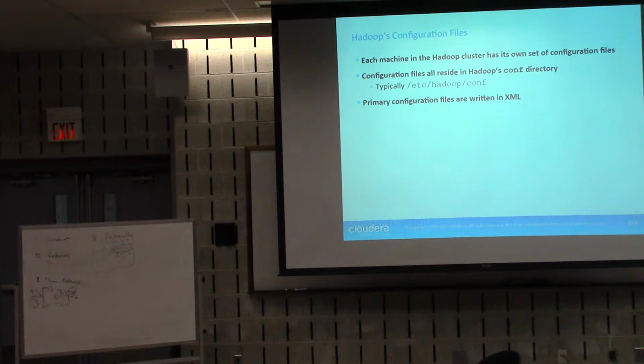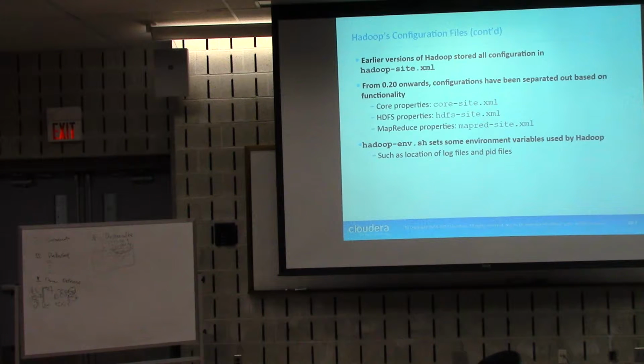XML format means it has a tag and value. So what kind of XML files? We have the core-site.xml file. That means it's a configuration file for the entire, overall setup of your system. Then two main components of Hadoop: one is HDFS, which is configured by the hdfs-site.xml file, and MapReduce is configured by the mapred-site.xml file.